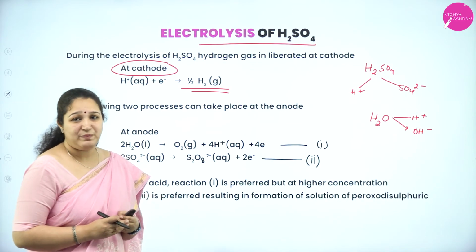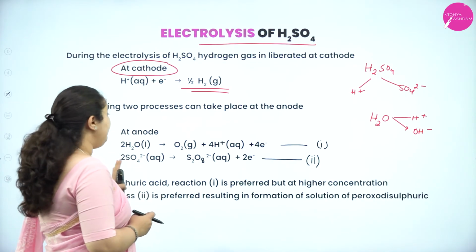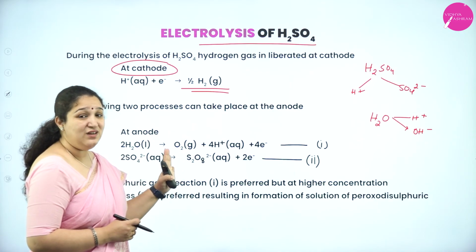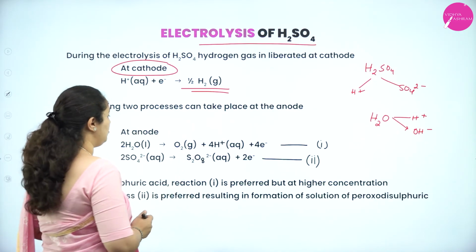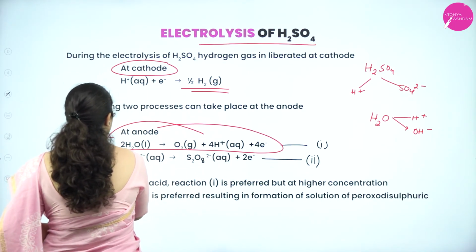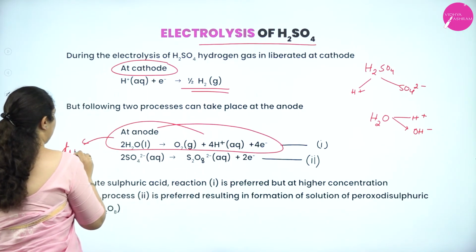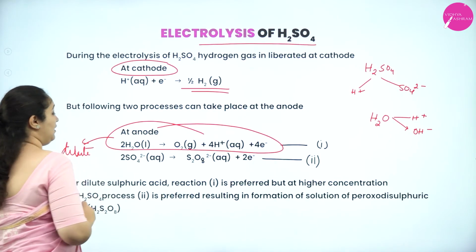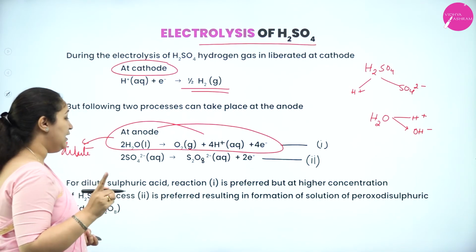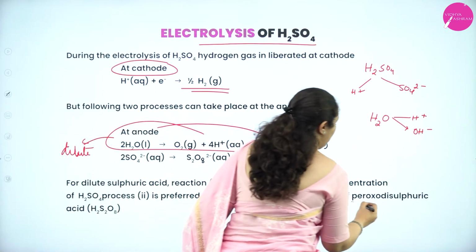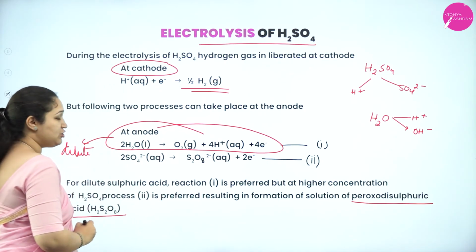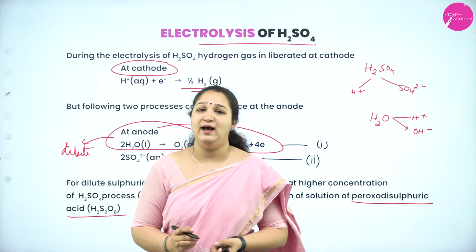Now, what happens here is, if it is a dilute sulfuric acid solution, then oxygen will get liberated. But if it is a concentrated sulfuric acid solution, then formation of peroxodisulfuric acid, H2S2O8, will happen.